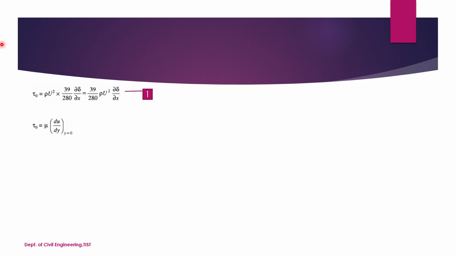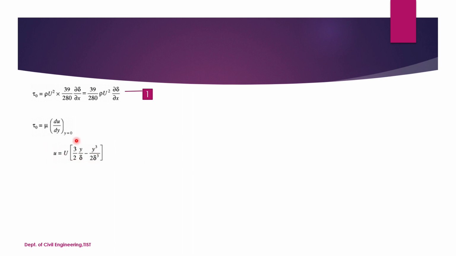This equation for tau naught is based on Newton's law of viscosity, and the other one is obtained from the momentum equation. Now in this equation we'll be substituting the value of du by dy. We know that u by U is already given in the question.